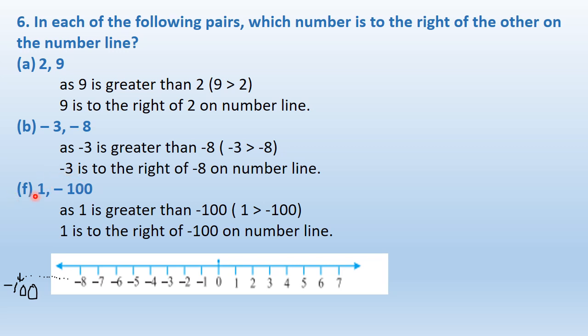As 1 is greater than minus 100, 1 is to the right of minus 100 on the number line. Means minus 100 is maybe on this side, this portion here. And where is the position of 1? 1 is to the right of minus 100. That's why 1 is the bigger number. Clear? Means 1 is to the right.